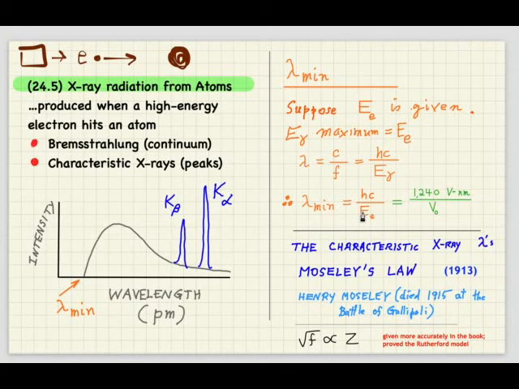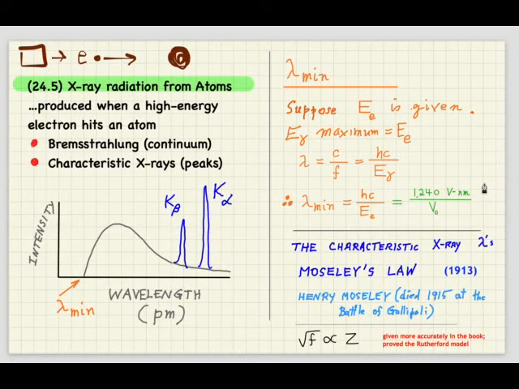The electron energy is one electron charge times the voltage of the electron gun. So we can write this as 1,240 volt nanometers divided by the voltage of the electron gun.